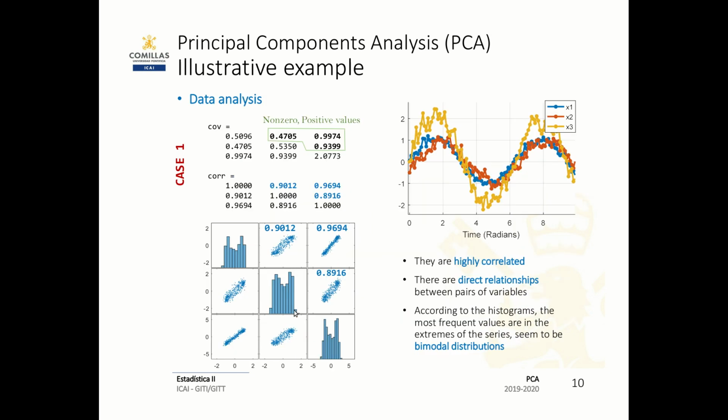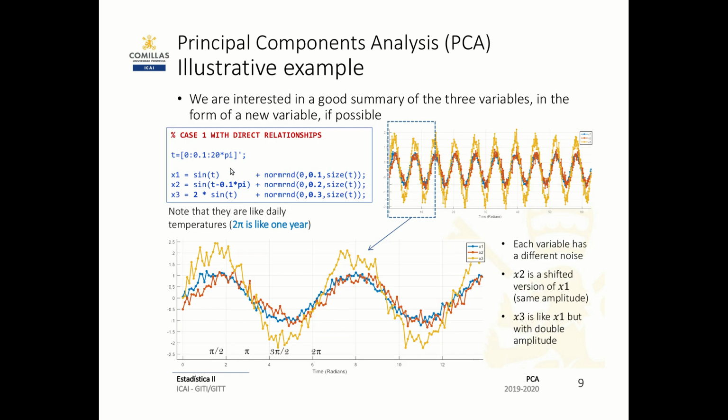Okay, so we can measure the correlation matrix between the three variables. So we know how to compute the covariance, and from the covariance the correlation matrix. So here is how the scatter plots between pairs of variables look. And we see that between x1 and x3 there is a very strong correlation, and the reason is clear because both are sines plus some noise, and it is the same underlying signal.